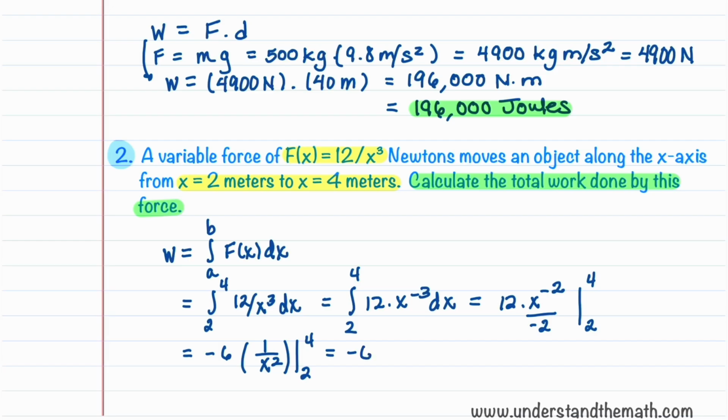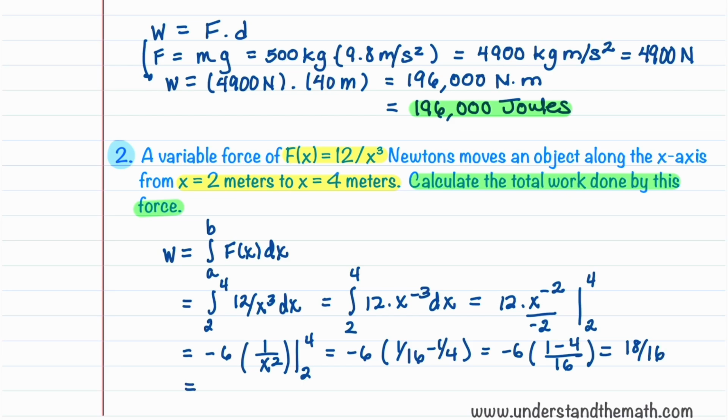This gives us minus 6 times 1 over 16 minus 1 over 4. We'll get a common denominator of 16, and this is then 1 minus 4 over 16. This gives us a minus 3 times a minus 6, so we have 18 over 16.